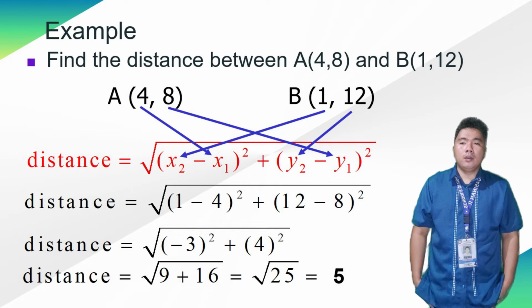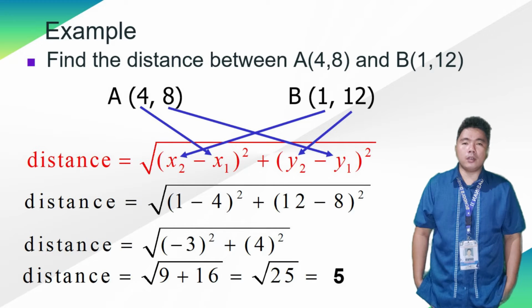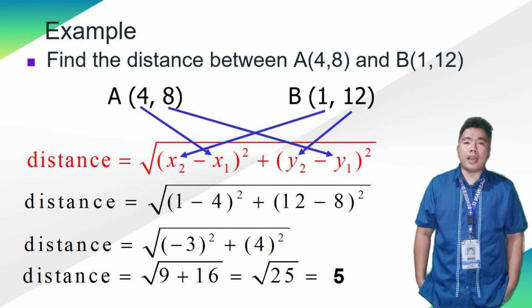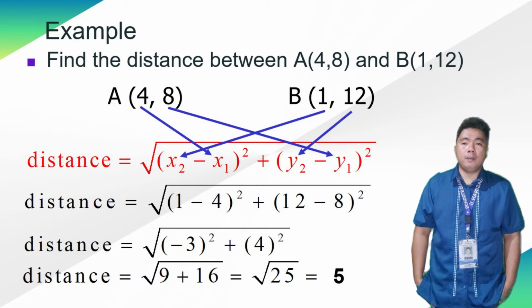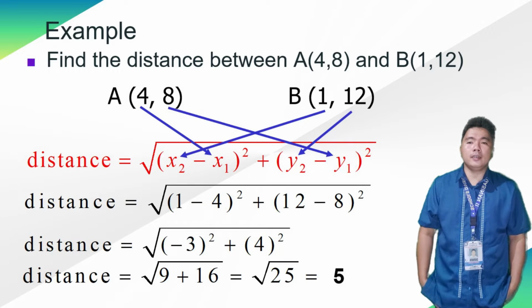Simplifying that, we will have distance is equal to the square root of the quantity of 1 minus 4 squared, that is negative 3 squared, plus 12 minus 8 squared, which is 4 squared.